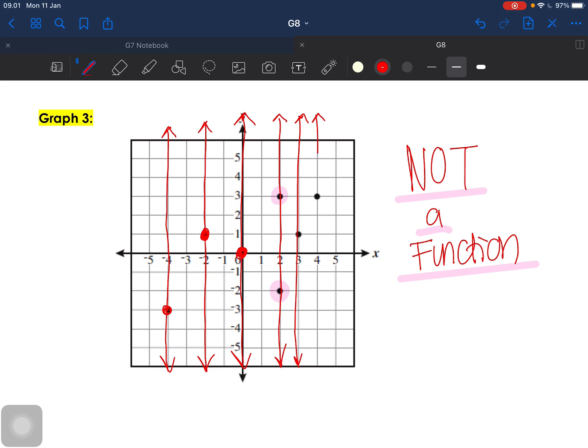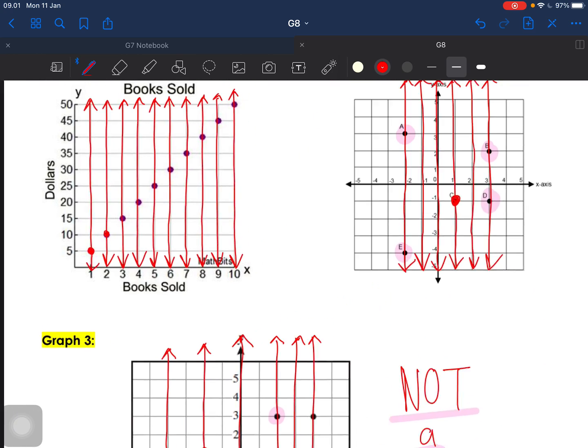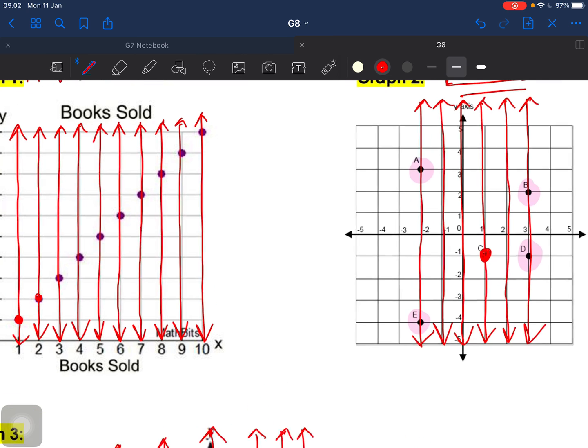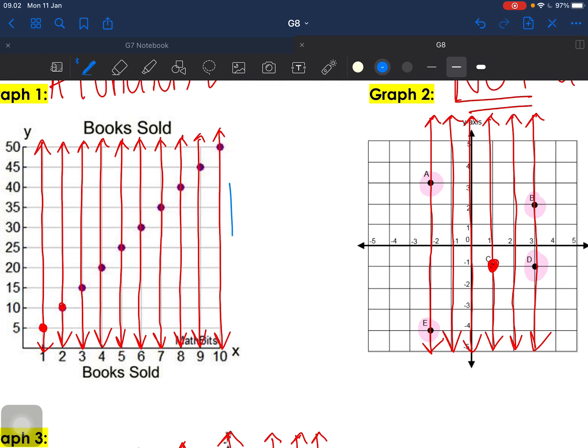So you might be asking, Miss Stephanie, how is that true? How do we know that this is not a function? First of all, let's create a relation for the books sold and dollars. So our input is our books sold: 1, 2, 3, 4, 5, 6, 7, 8, 9, 10.